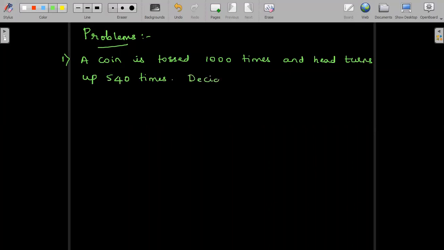Decide on the hypothesis that the coin is unbiased.